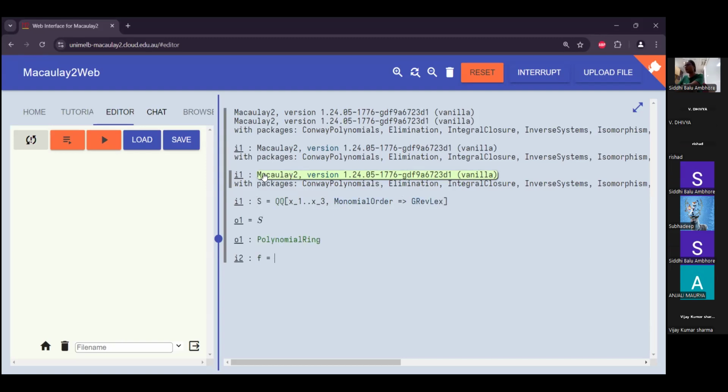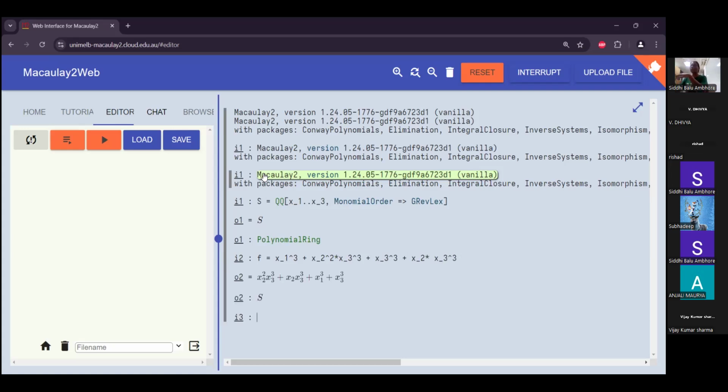Now I'm defining this polynomial: x1 cube plus x2 square times x3 square plus x3 cube plus x2 times x3 cube, right?